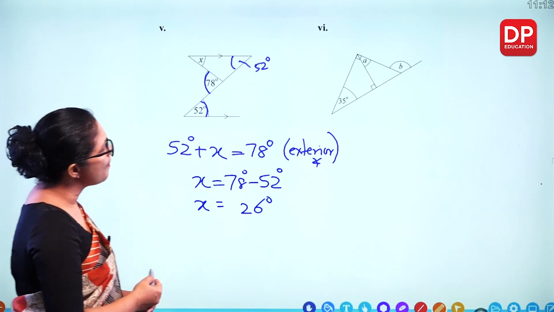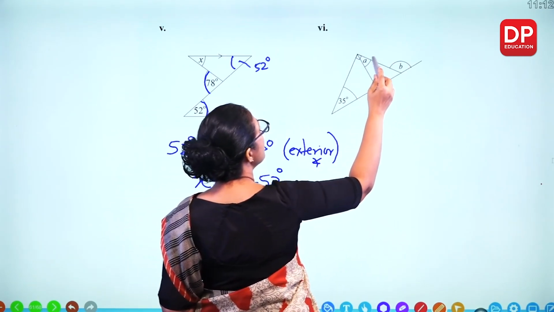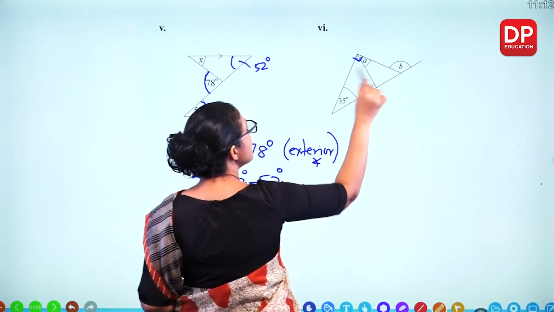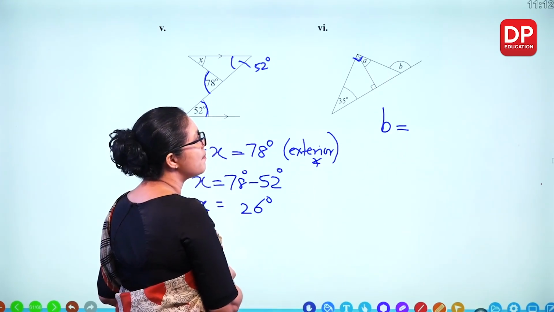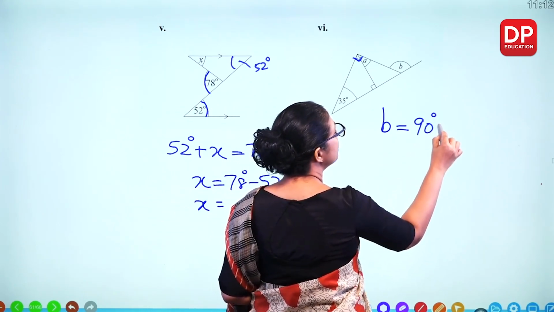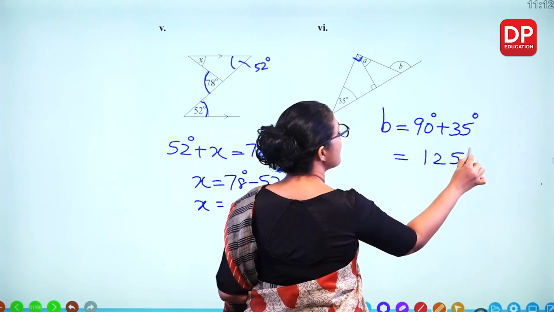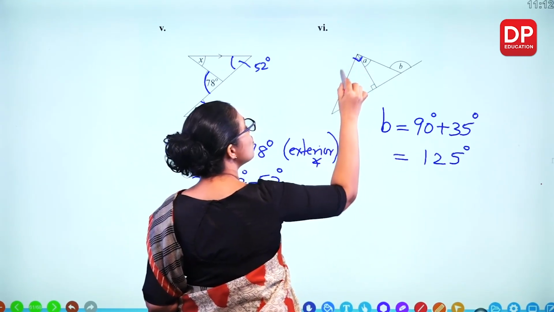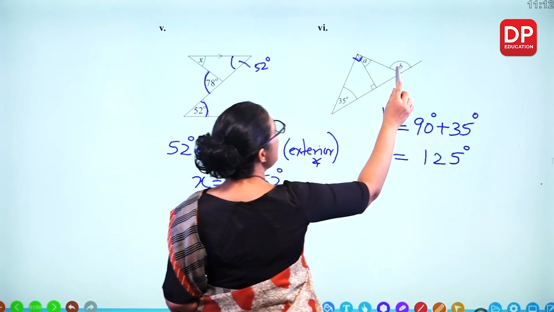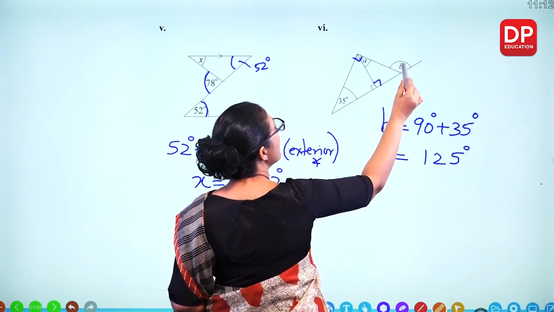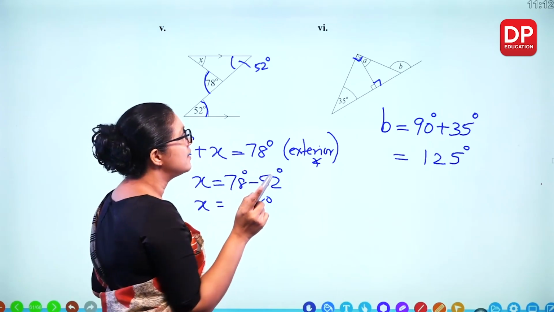Look at the other one. Here, this is 90. B is the exterior angle. So B you can straight away find out: 90 plus 35, 125, because these are two opposite interior angles. Now B and these two are the opposite interior angles for this B angle as well, if you consider the small triangle.